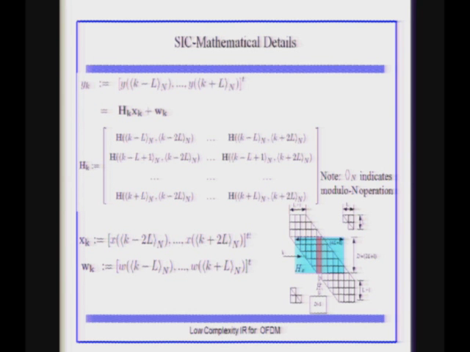So this is just whatever we discussed, the equations. You have the y and hk, we are taking the submatrix here, and this indicates a modulo n operation. If we are talking about the estimation of the symbol here, we are talking about a matrix around that.